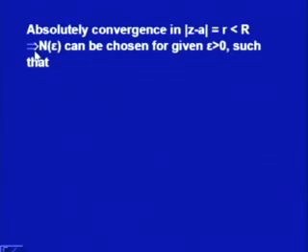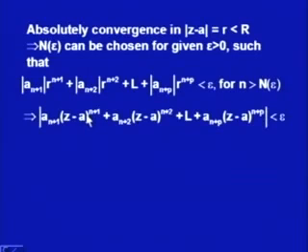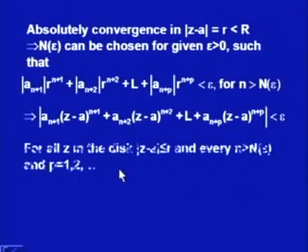So, we can say that n_epsilon can be chosen for given epsilon positive such that this condition is satisfied for n greater than n_epsilon. That means we can find n such that this condition is satisfied.